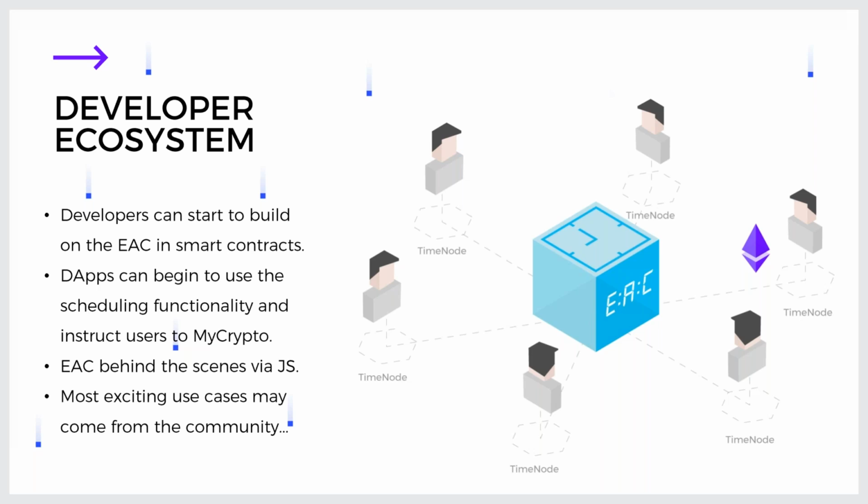They can do these integrations in their own smart contracts, or they could do it on the client side using JavaScript. An interesting thing that we might see is that dApps might have their users input the transactions that they want scheduled, and then give their users back the data that they will take to MyCrypto and input into the data field.